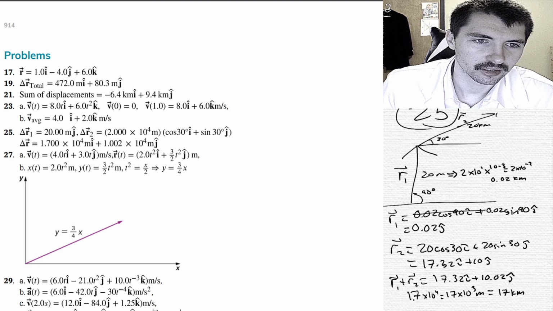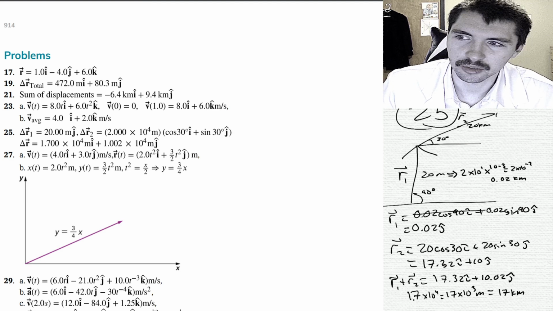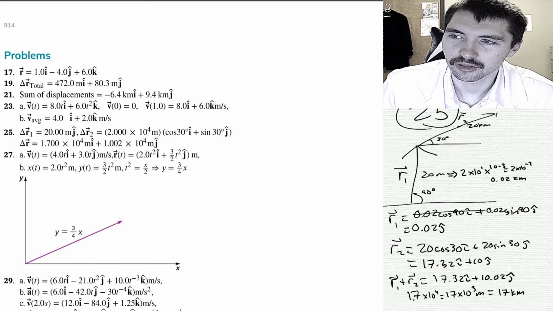They did 2 times 10 to the 4. Yeah, so they factored out this 20, and they do cosine 30.